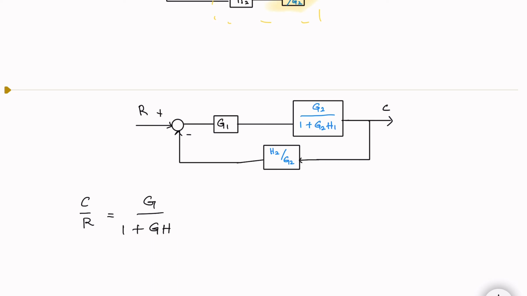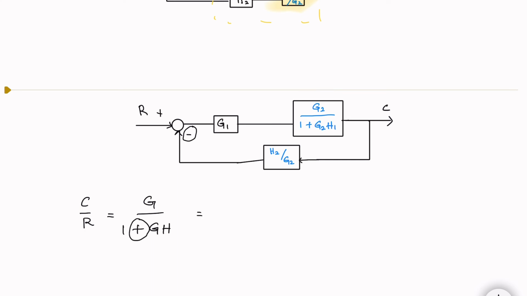Now, for the last step, we need to simplify the final feedback loop. So we are using the equation G over 1 plus GH. Notice that the sign here is negative. Therefore, in our equation, it will be positive.